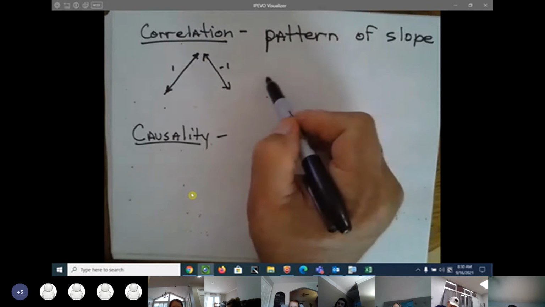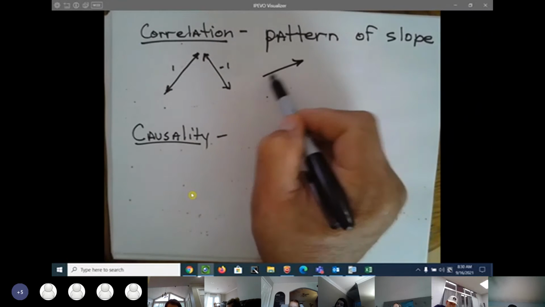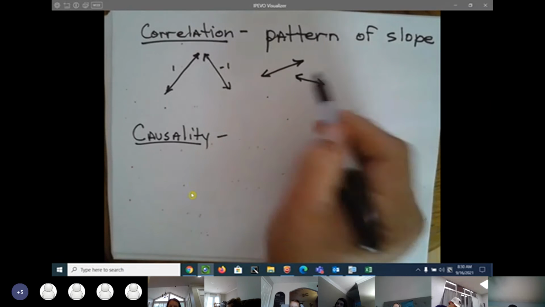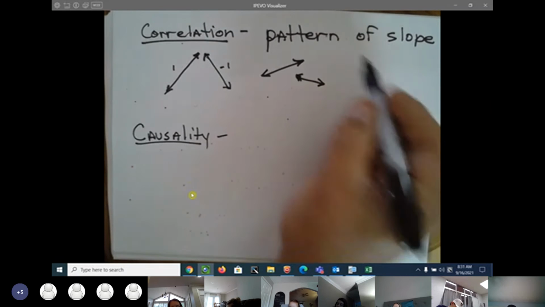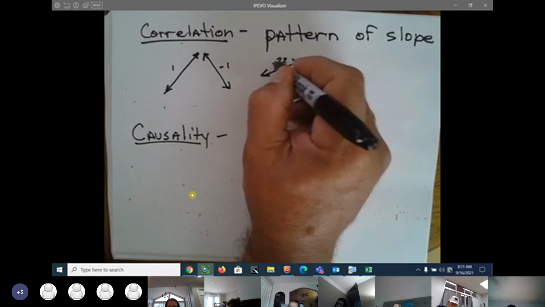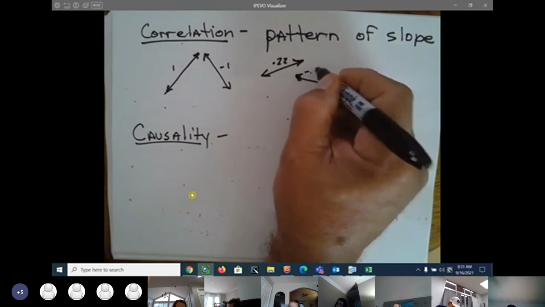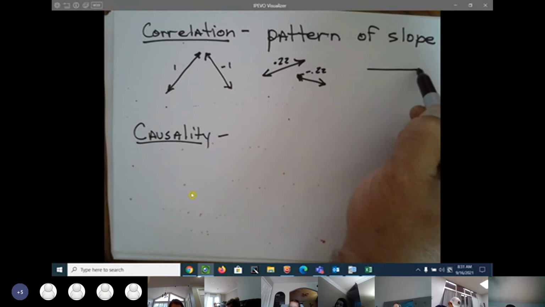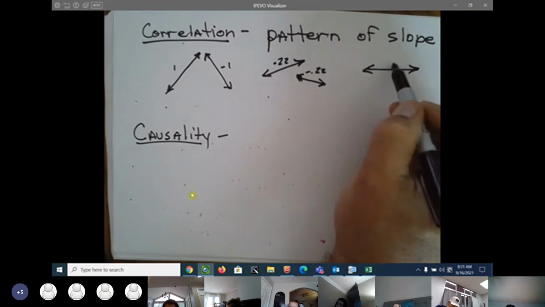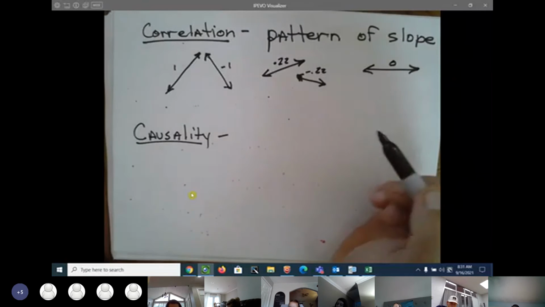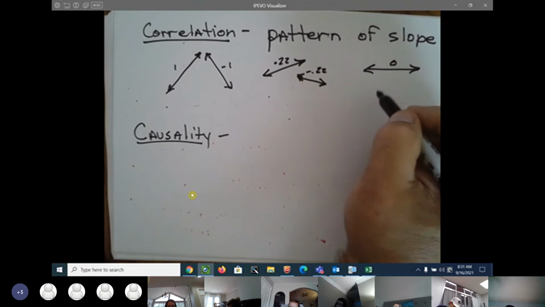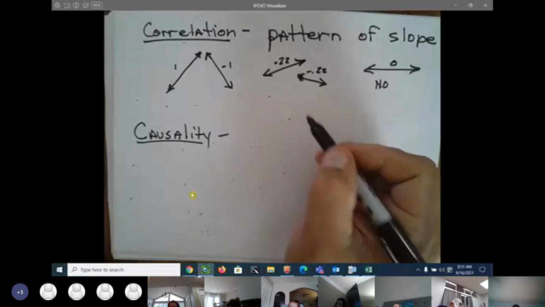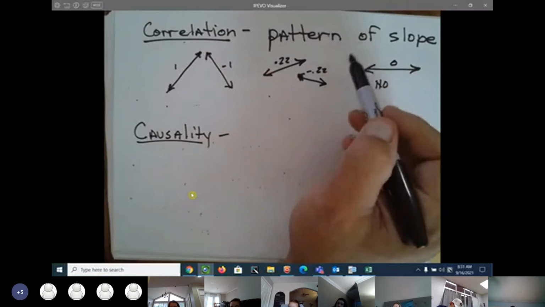You either have a weak correlation, meaning around 0.22 or negative 0.22, or you have no correlation, which means a slope of 0. No correlation.